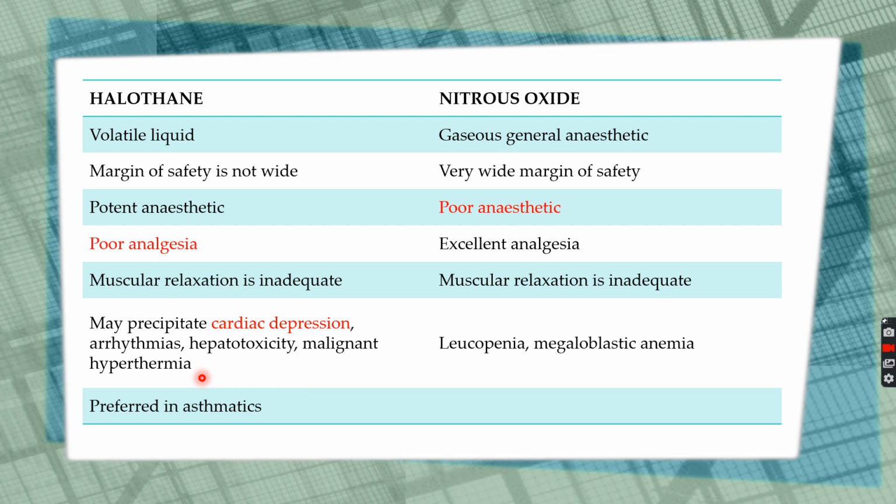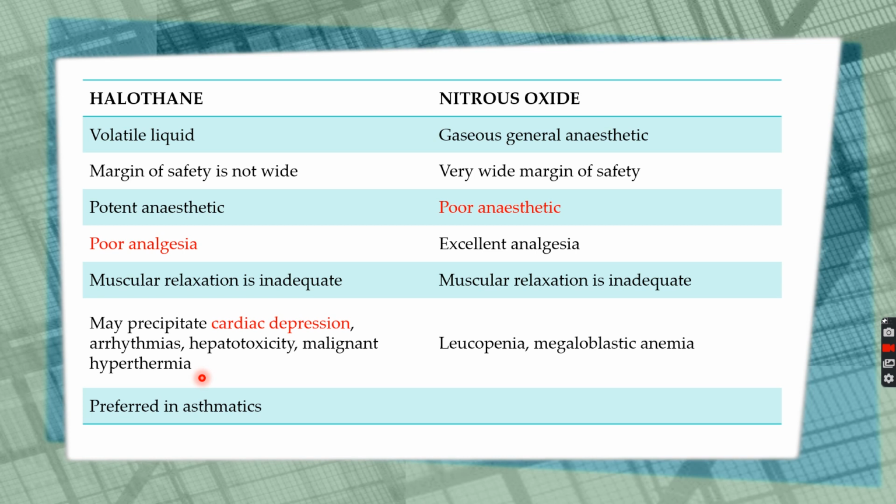This happens because certain people have an abnormal form of the ryanodine receptor, RYR. Now, when halothane is administered to people who have this abnormal ryanodine receptor in the sarcoplasmic reticulum, it leads to an abnormally high amount of calcium being released from the sarcoplasmic reticulum because of the activation of these ryanodine receptors.